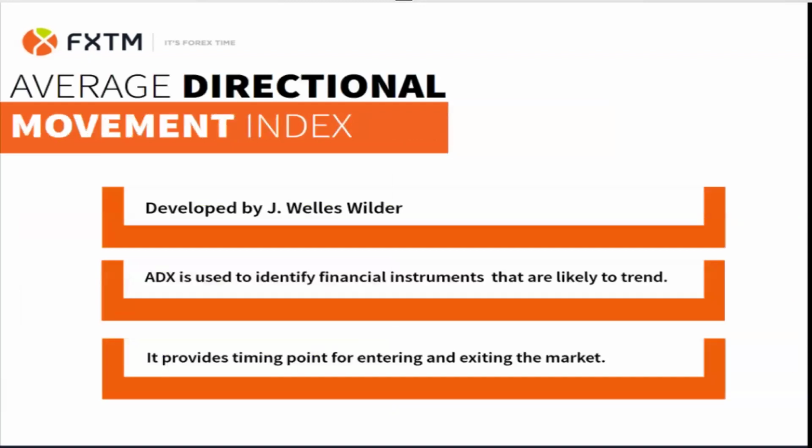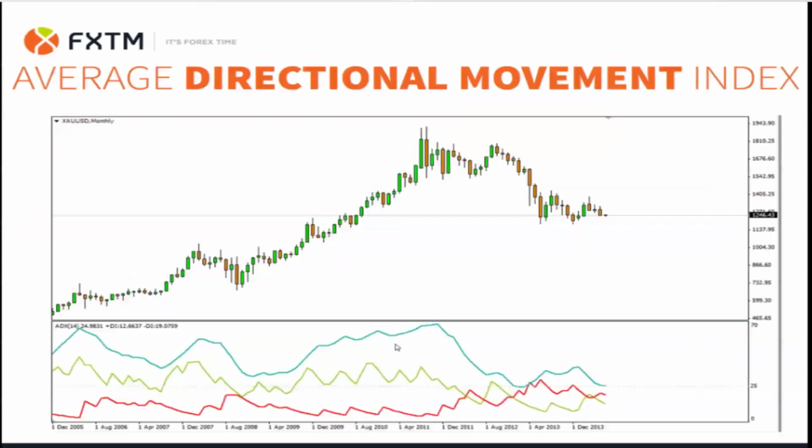Then the average directional index, the ADX, this one. You see there's a blue line, and then there's a green and a red line. That blue line is your ADX line. If you look to the extreme right, you see the number 25.